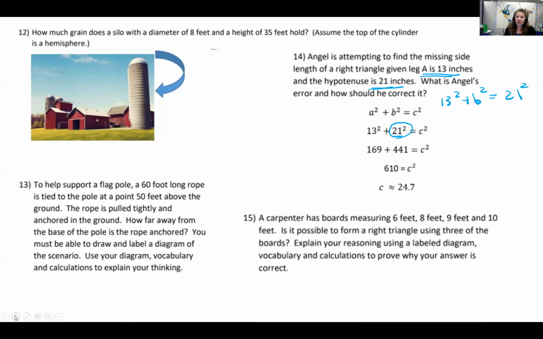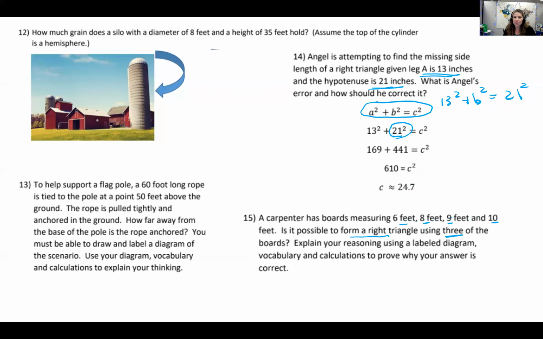Number 15, a carpenter has boards measuring 6, 8, 9, and 10 feet. Is it possible to form a right angle using 3 of the boards? Well, I know that for the Pythagorean theorem, I'm going to end up squaring everything, right? So let's go ahead and square 6, 8, 9, and 10.